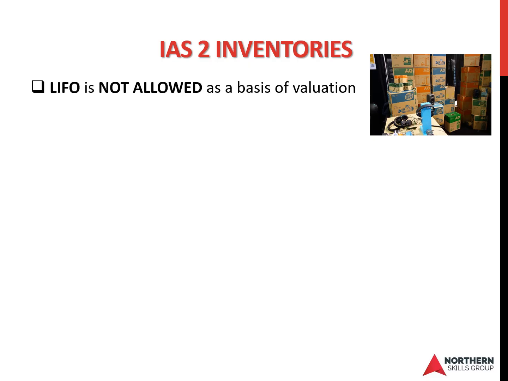Firstly, last in first out is not a method of valuation that's allowed under IAS 2. You can use first in first out, you can use average cost, or you can use a very accurate and detailed method of identifying the cost price of various items in stock.